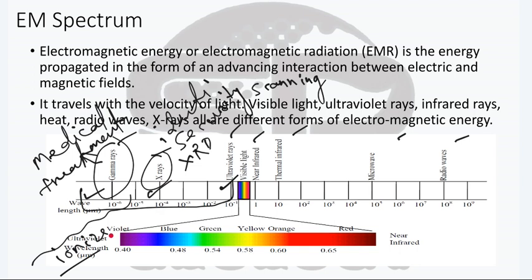So in X-ray, there are two types: hard X-ray and soft X-ray. Hard X-ray is on the short wavelength side, and at the higher wavelength is soft X-ray. There are certain margins also, like ranges.